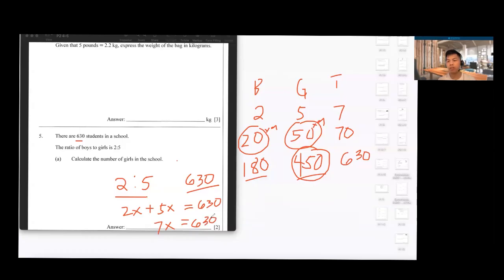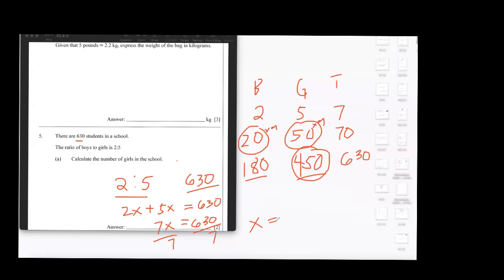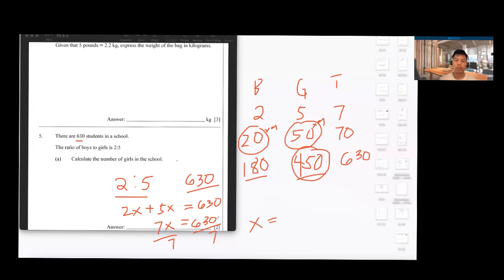Do you know how to solve an algebraic equation? So you divide both sides by 7. So what is x then? x then would be 630 divided by 7.